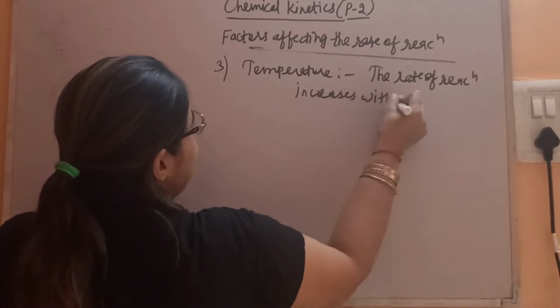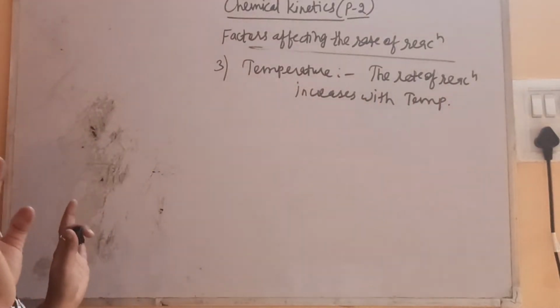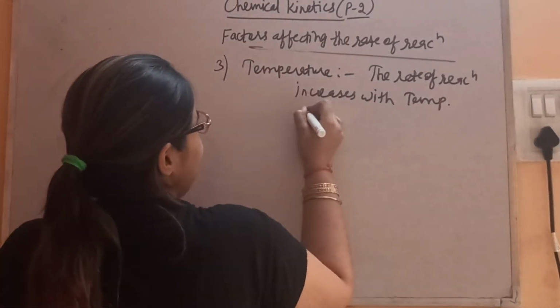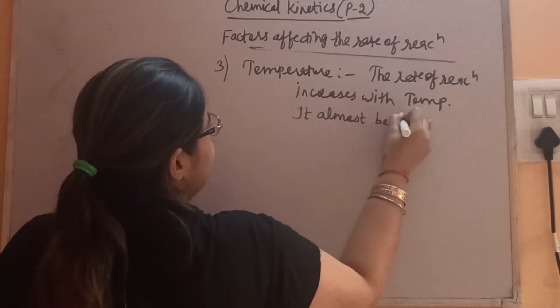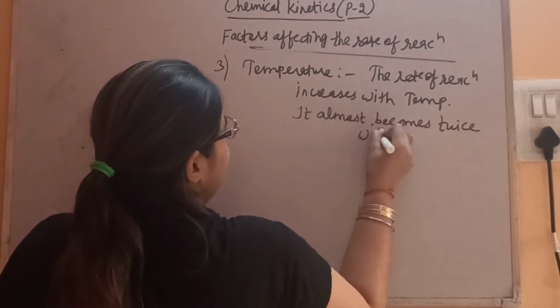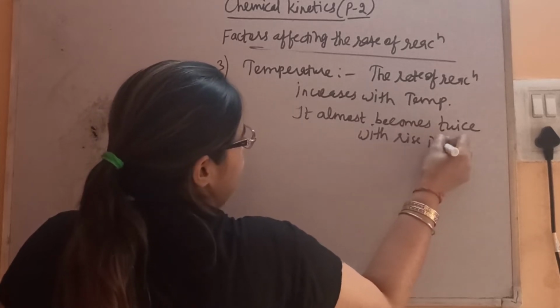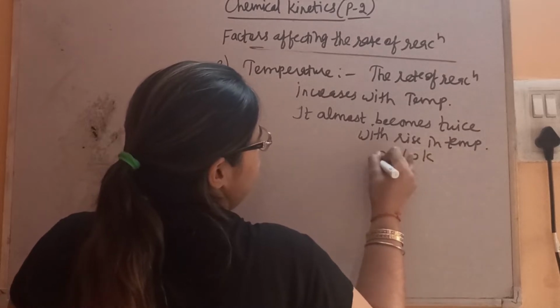We'll see this factor later on. This is the second half of the chapter, which we have to study in complete detail. It almost becomes twice with rise in temperature, nearly you can say, for approximately every 10 Kelvin.